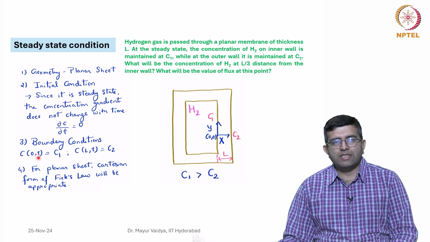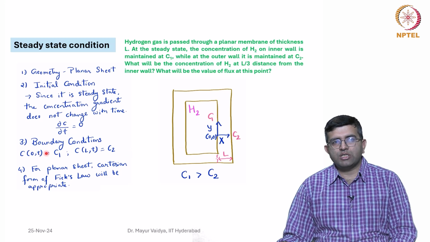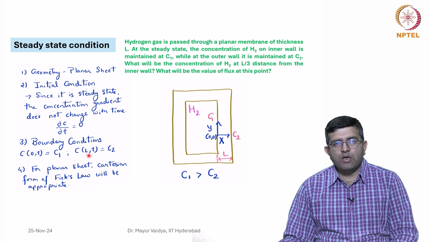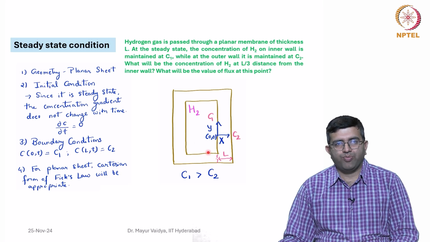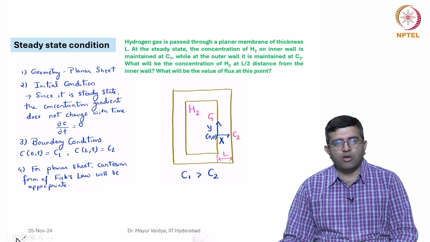So C at 0 comma t is C1, and this is always maintained. You see, I told you that the boundary conditions are usually independent of time. And then C of L comma t is C2, which is the concentration at the outer wall. Now, as I said already, for a planar sheet we can use the Cartesian form of Fick's first law, and one dimension is enough.